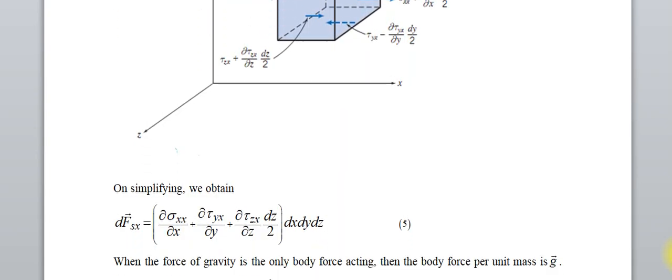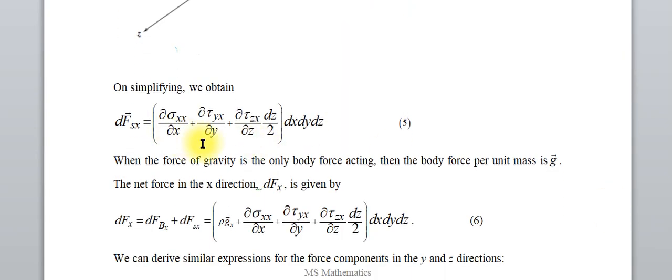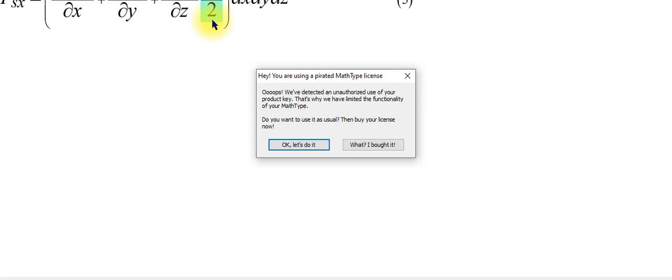Only the stresses in the x direction, so it becomes partial by partial x of sigma x plus partial by partial y of tau yx plus partial by partial z of tau zx. Sorry, this is a mistake, so let me delete this.